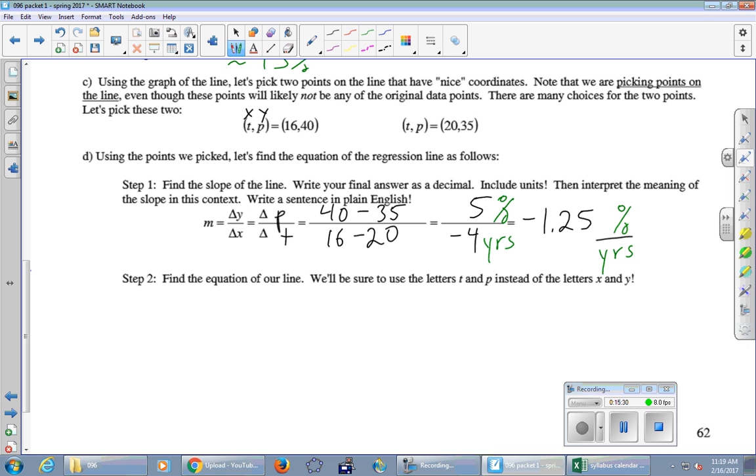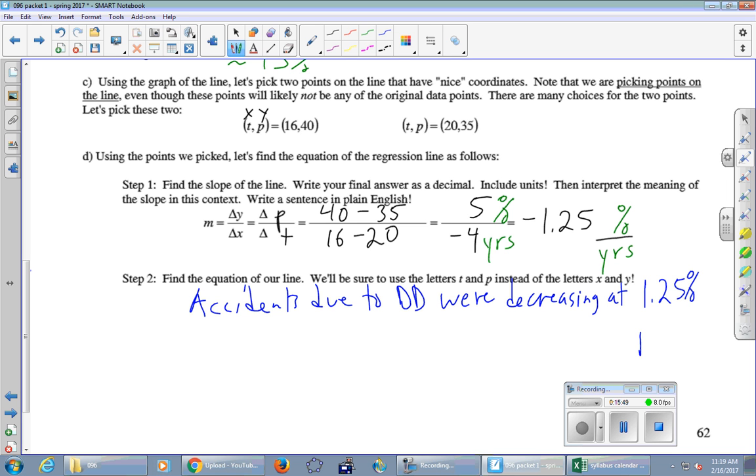Let's see. The accidents due to drunk driving were decreasing at 1.25% per year.